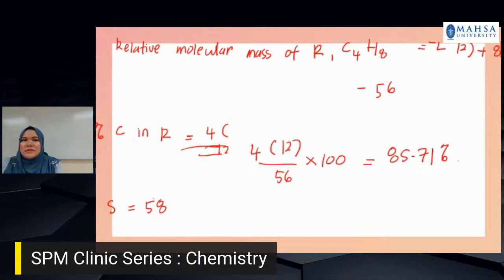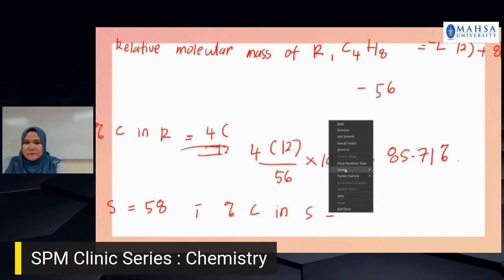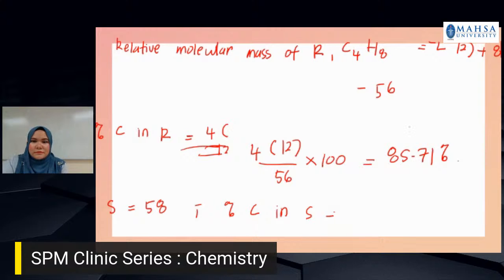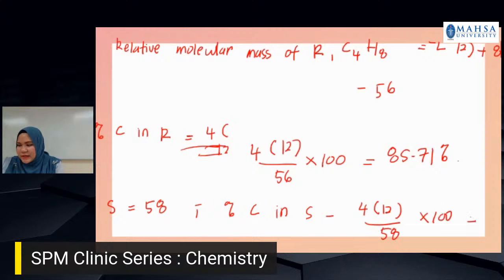And then the relative molecular mass for S will be 58. You can use the same concept as for R. The percentage carbon in S equals 4 times 12 divided by 58 times 100%. It will give you 82.76%.